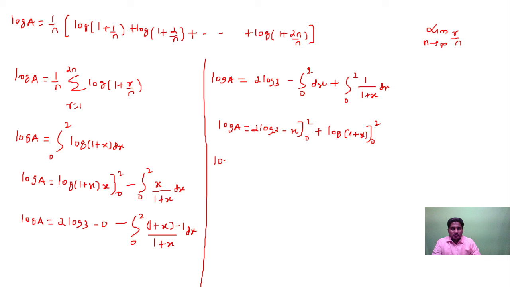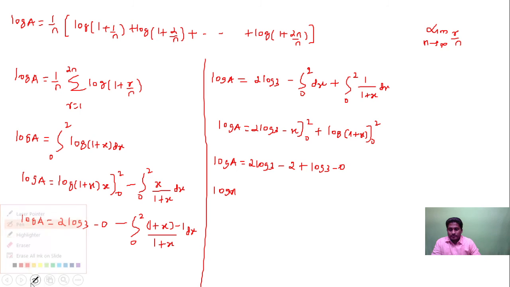So this is log a is equal to 2 log 3 minus 2 plus log 3, and lower limit will be 0. Log a is equal to 2 log 3 plus log 3 will be 3 log 3 minus 2 into, I can write this as log e to the base e.